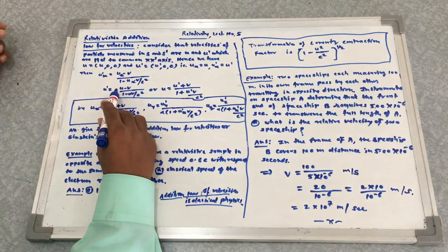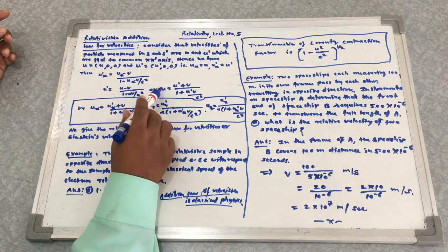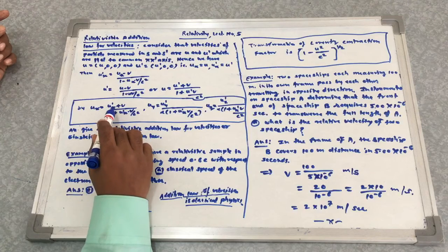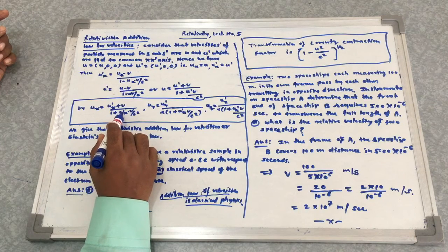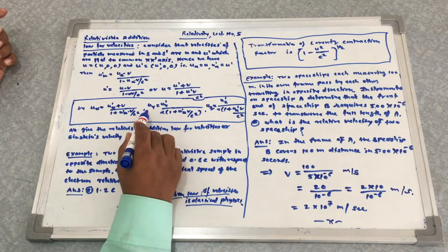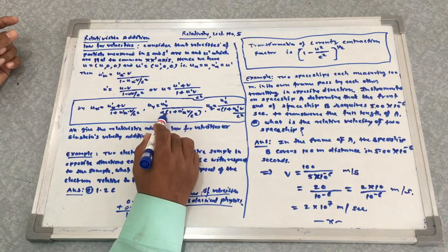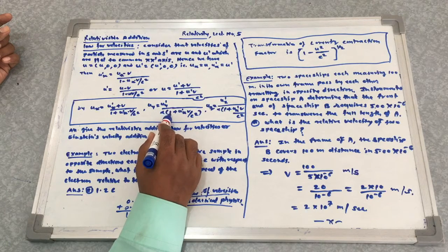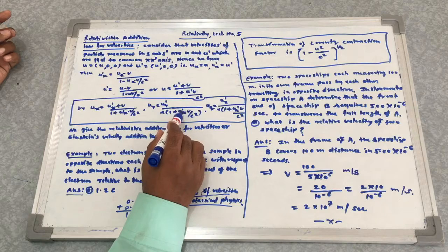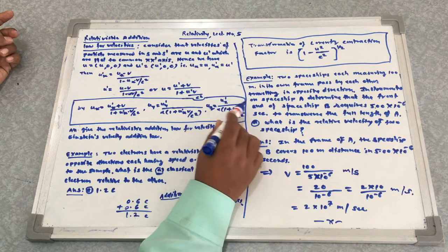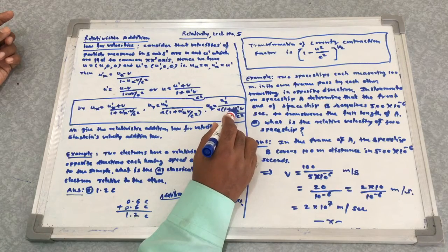How is this? Yes, this comes from integration and derivatives, and we have to know it. So U suffix x is equal to (U dash x plus V) upon (1 plus U dash suffix x into V upon C square), U suffix y is equal to U suffix y dash upon alpha into (1 plus U dash x V by C square), and U suffix z is equal to U dash z upon alpha into (1 plus U dash suffix x into V upon C square).